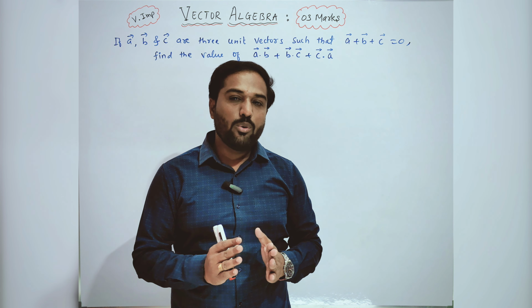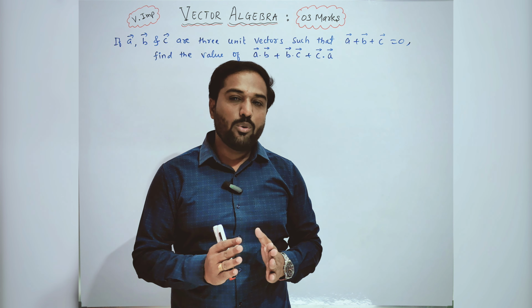Now let us use the given values. Here A plus B plus C is 0, so I'll use this value as 0. 0 square is nothing but 0 itself. You can keep the square also, but it doesn't mean anything. So let us keep this value as 0.